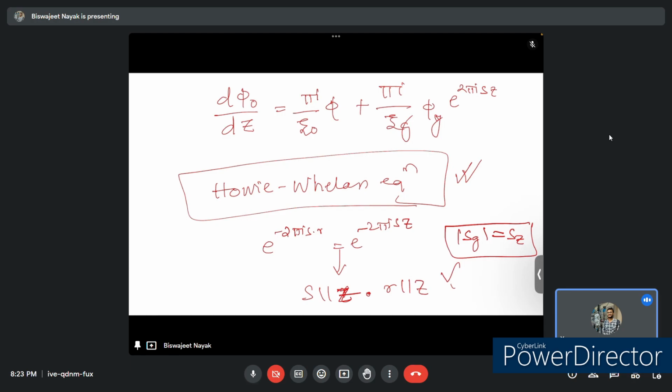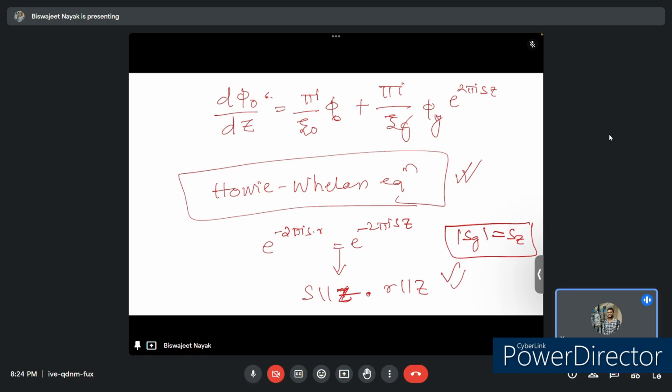The fundamental idea here is that at any given position in the specimen, the change in amplitude of both the direct beam and the diffracted beam depends on the amplitude of both the beams. The fact that part of the change in phi 0 is due to the magnitude of phi 0 itself gives rise to the term forward scattering. Remember the origin of scattering.